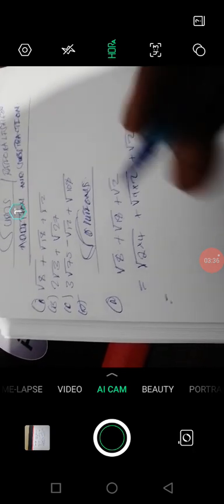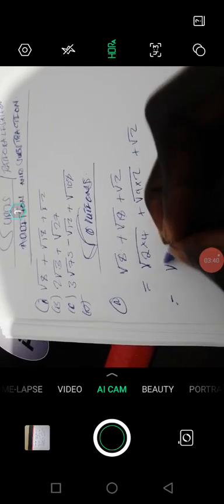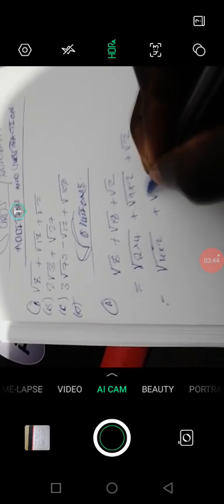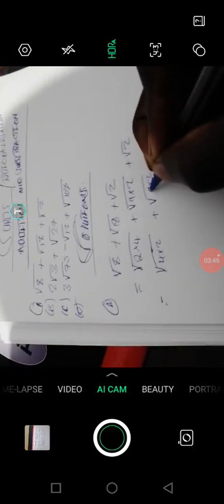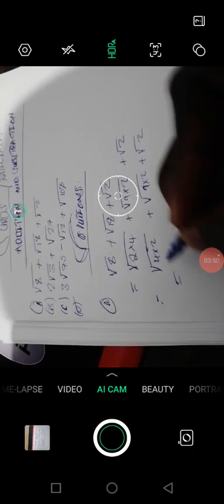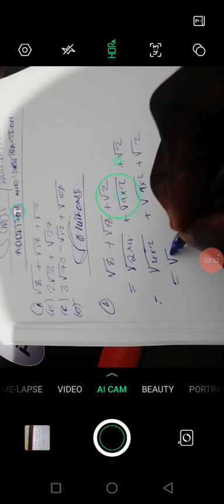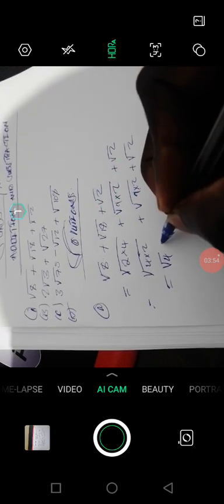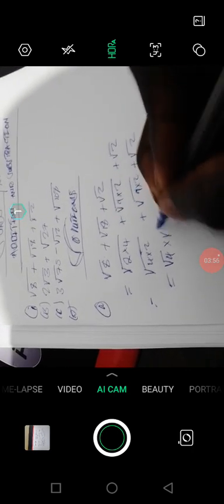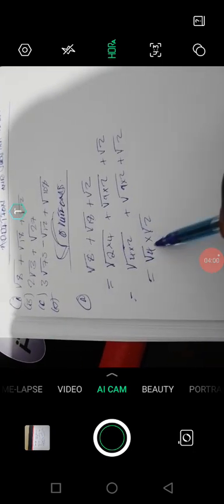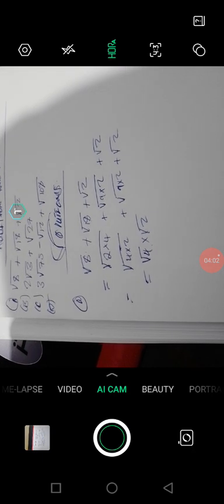This applies with root of 4 times 2, plus root of 9 times 2, plus root of 2, which is the root of 4 times the root of 2 under multiplication.